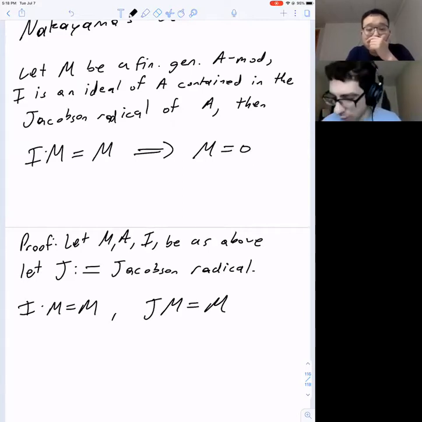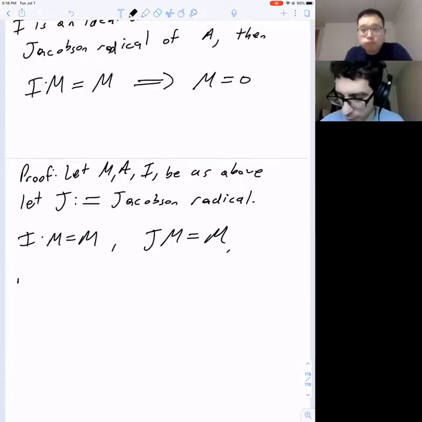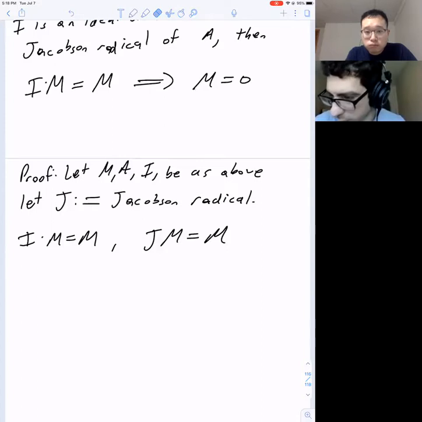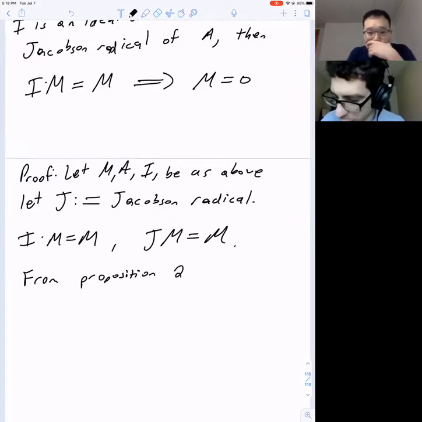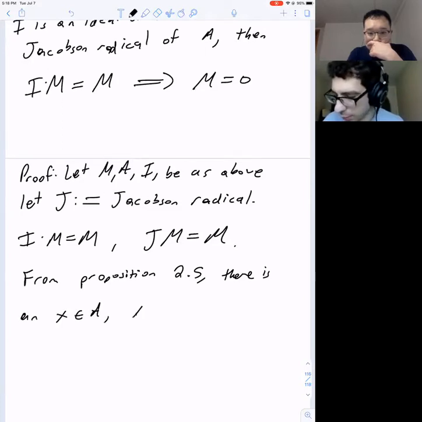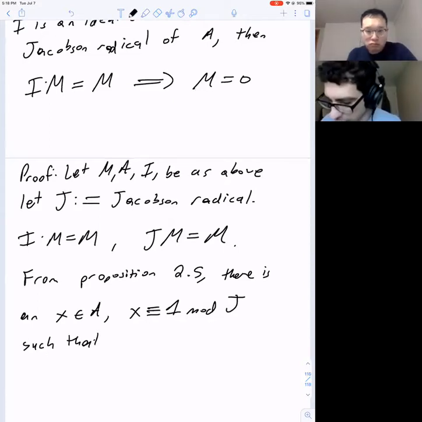So from what we just learned, from proposition 2.5, there is an x in A, with x congruent to 1 mod J, where J is the Jacobson radical, such that x times M is 0.